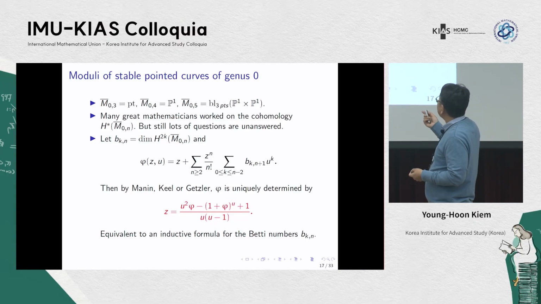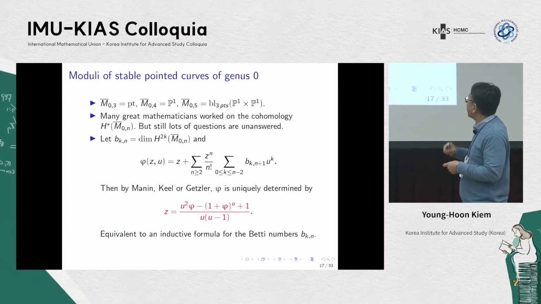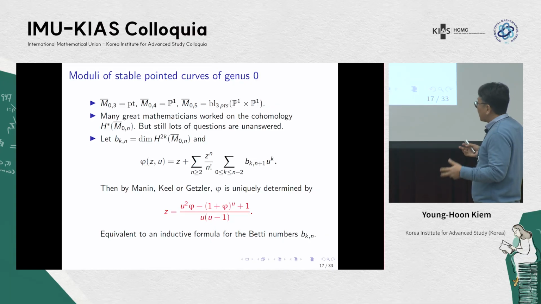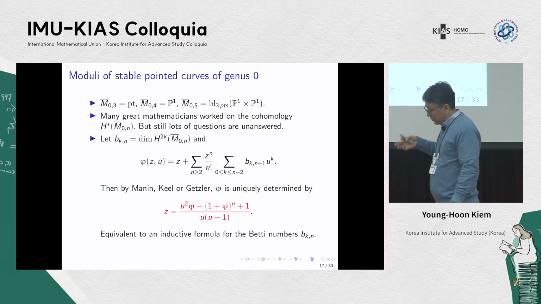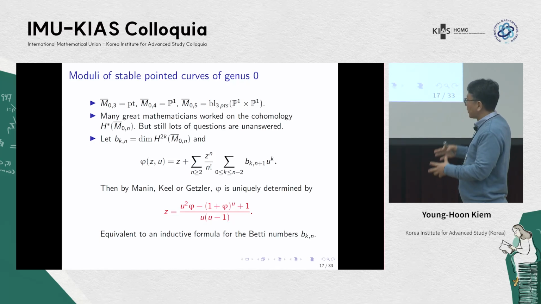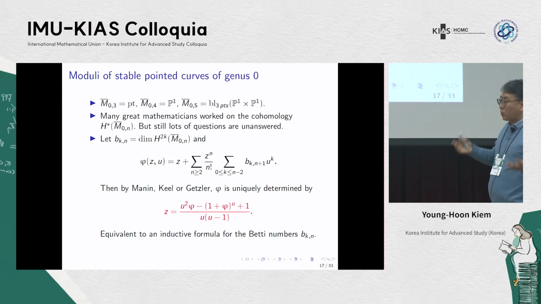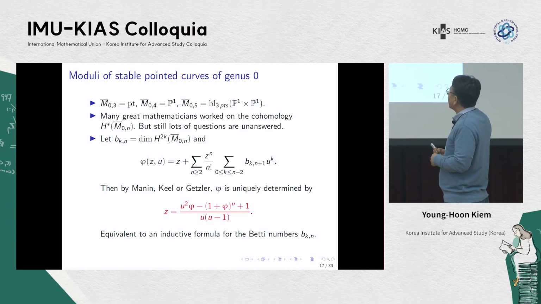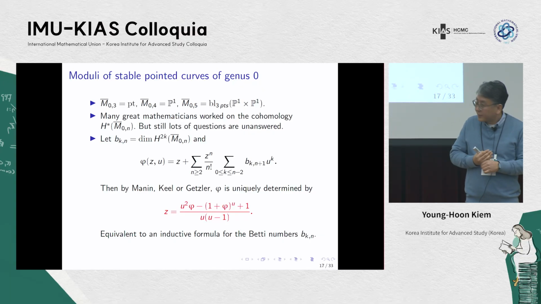And then you have to blow up 3 points in P1 times P1. Okay, so of course, because it's this very important space, many mathematicians worked on this moduli space, and they tried to compute the cohomology of the space. Especially in the 1990s, it was quite popular to study this moduli space.